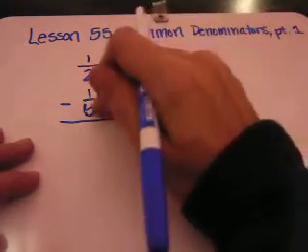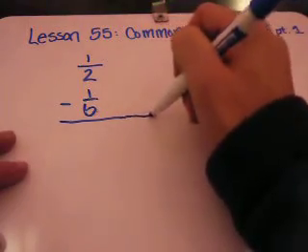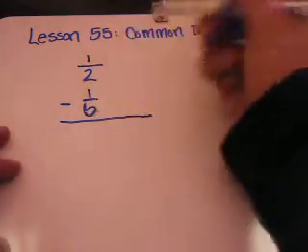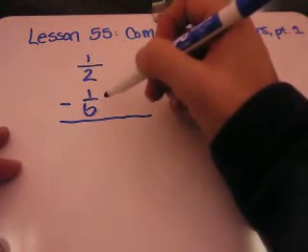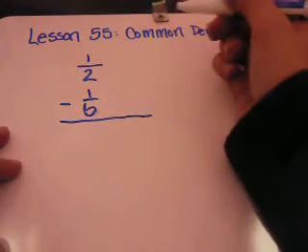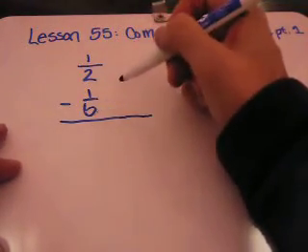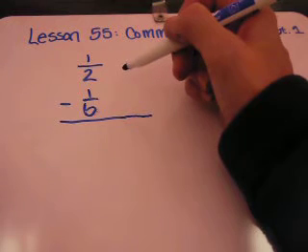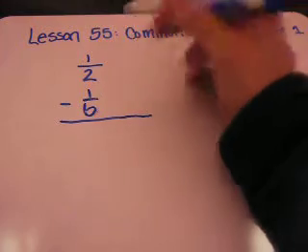We want to give them a common denominator. So what I always ask myself is, self, what is the smallest number I can think of that both 6 and 2 multiply into, or the lowest common multiple or least common denominator. Those are all terms on how to figure out what to rename this as.